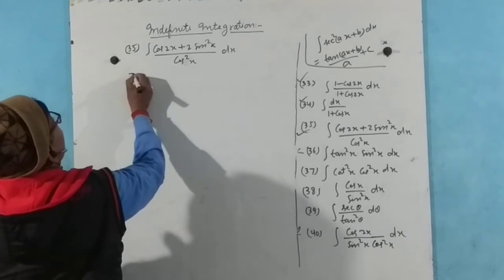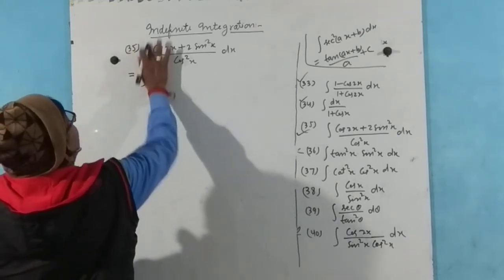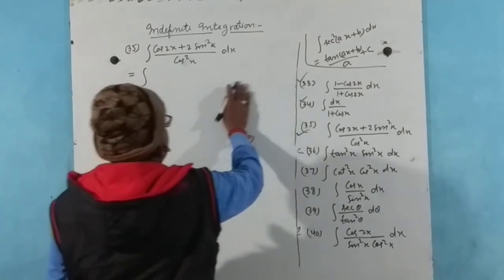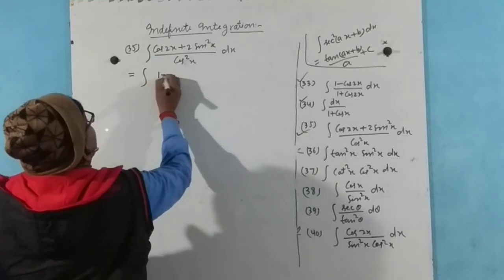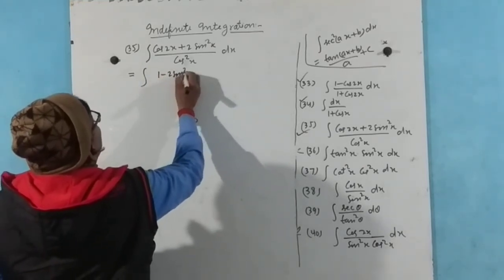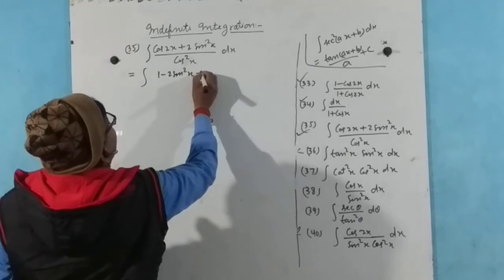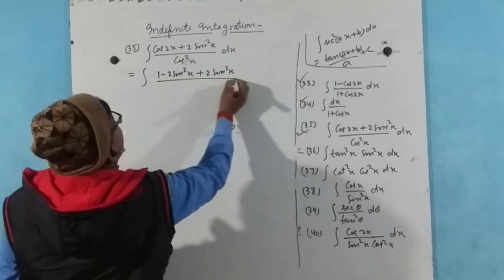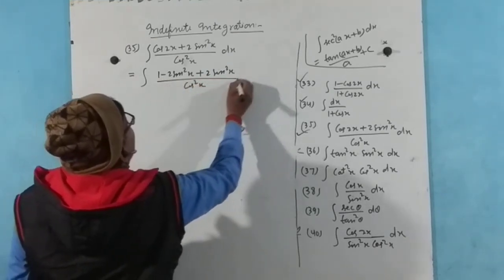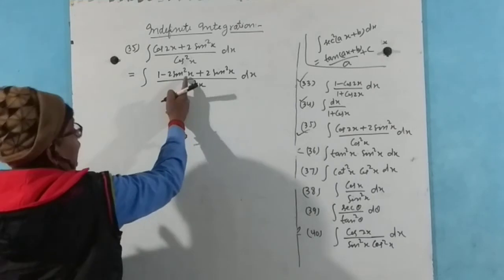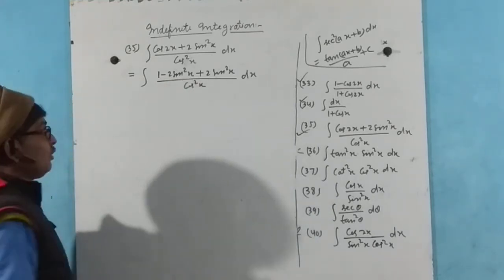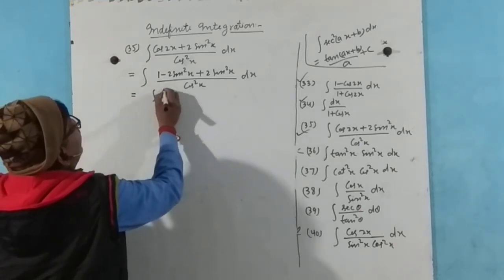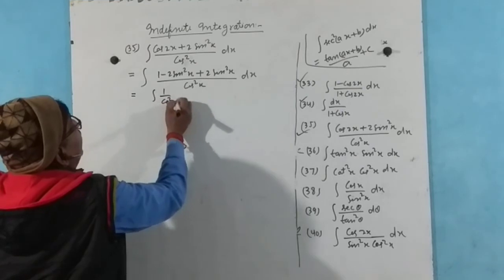Now cos 2x can be written as 1 minus 2 sin square x, and this is also written as 2 sin square x divided by cos square x dx. 2 sin square x and 2 sin square x cancel, and this is only integration of 1 by cos square x dx.